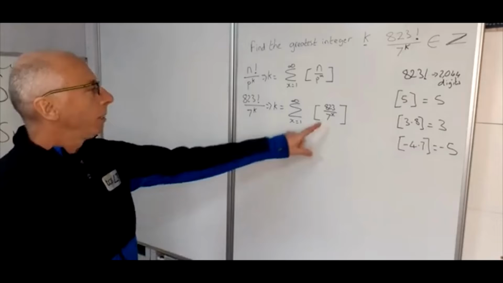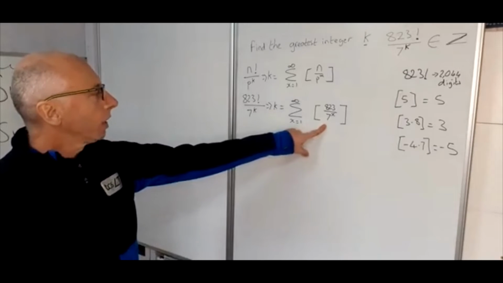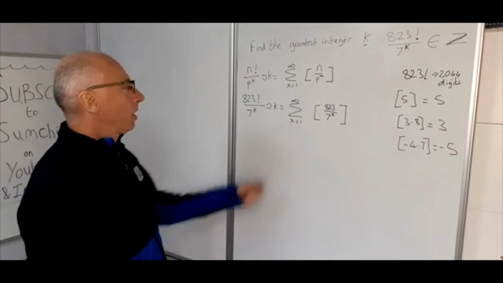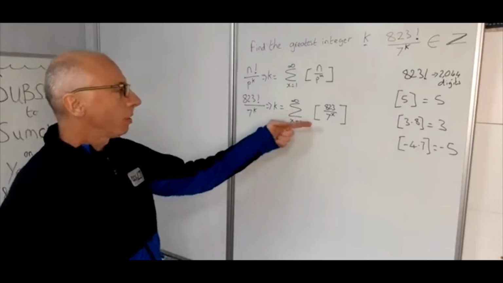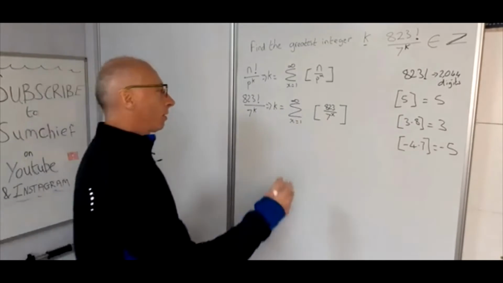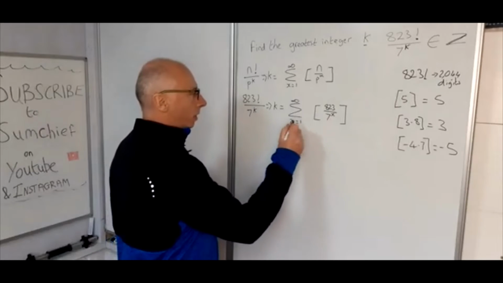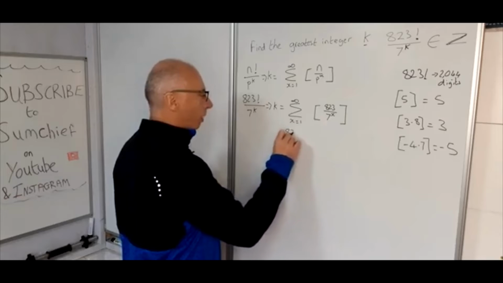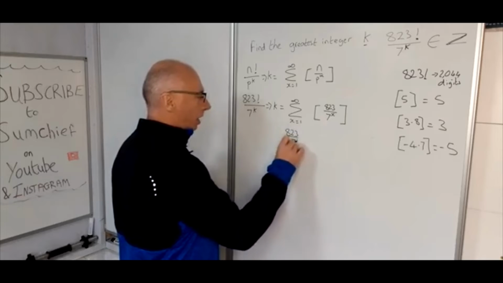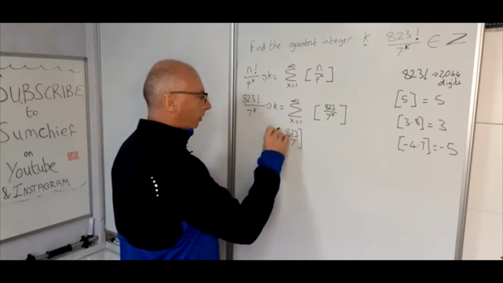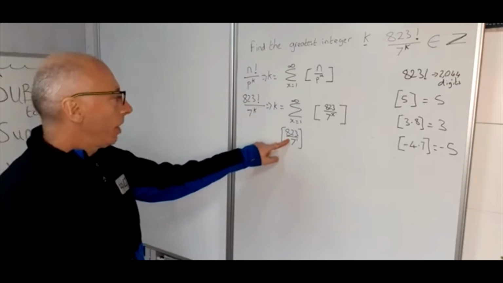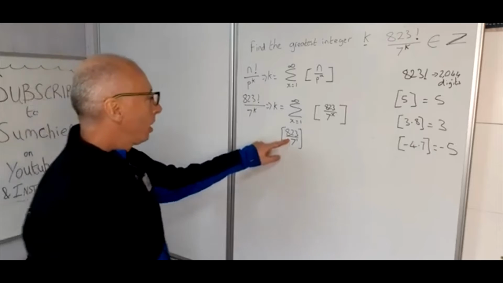Okay, back onto this. 823 divided by 7 to the x and the greatest integer of that. With the summation formula, it's just simple. We just plug in all the different values of x and see where that takes us. So for x equals 1, we've got 823 divided by 7 to the power of 1. Take the greatest integer of that. Well, how many 7s are there in 823?